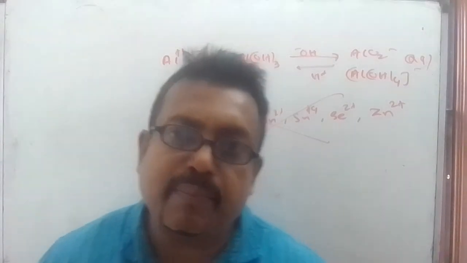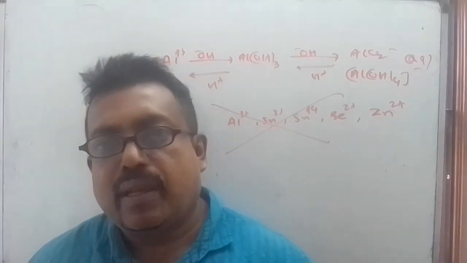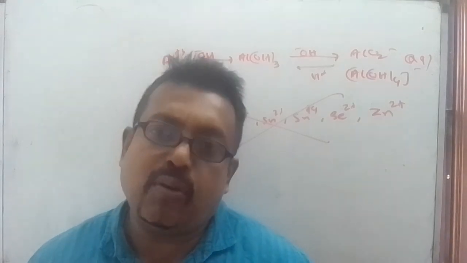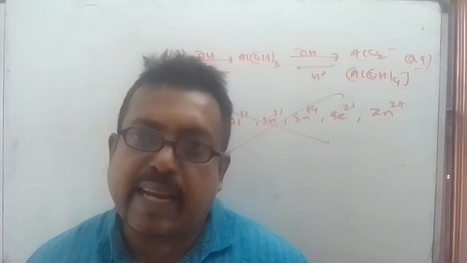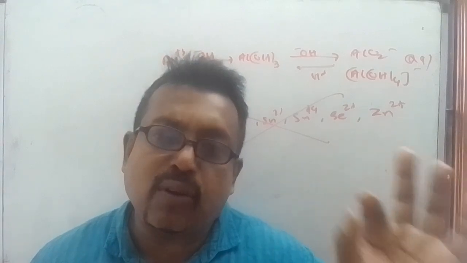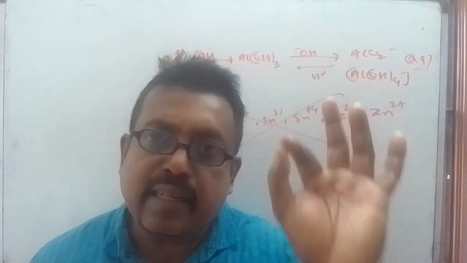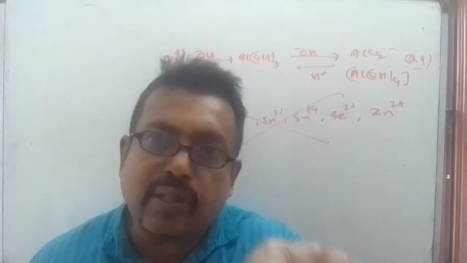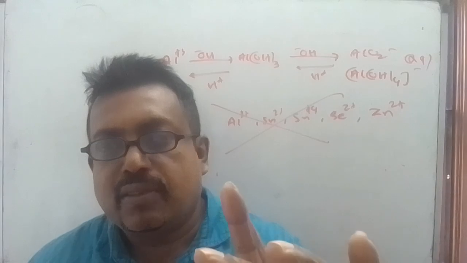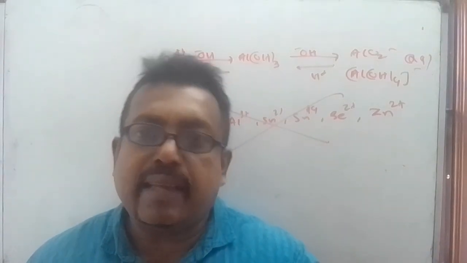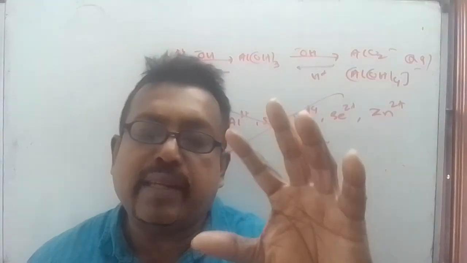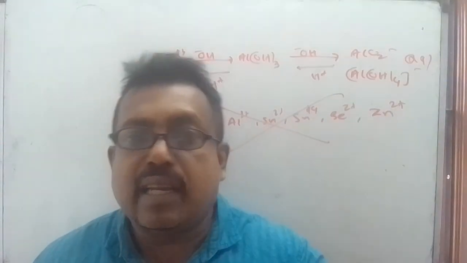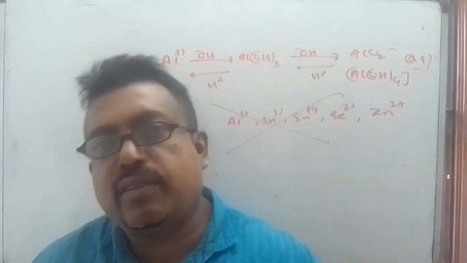Actually it's correct: chromium hydroxide only dissolves in highly concentrated ammonia. So when you see just dilute ammonia in the question, take chromium hydroxide as not dissolving in dilute ammonia.